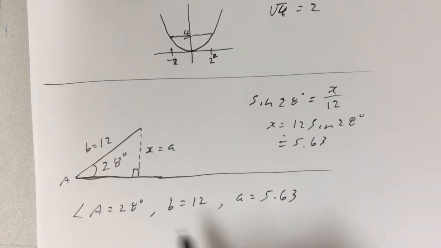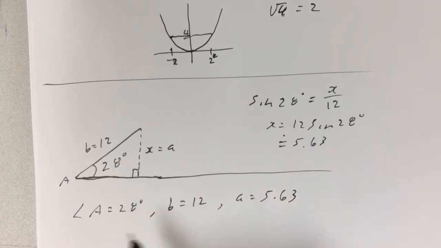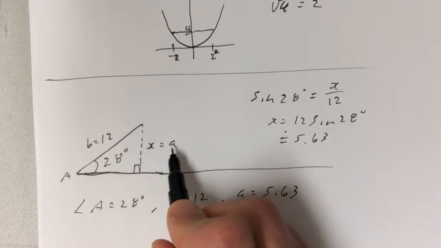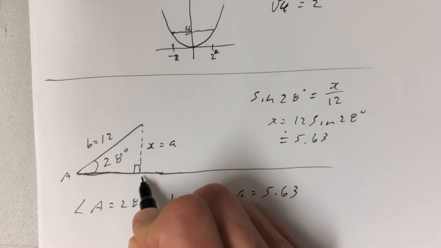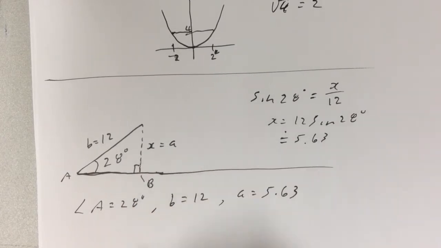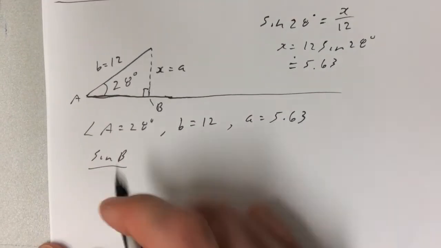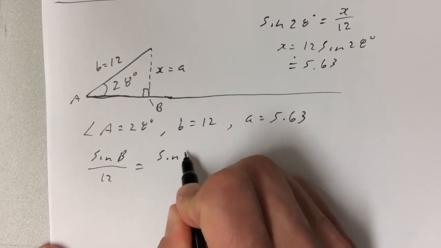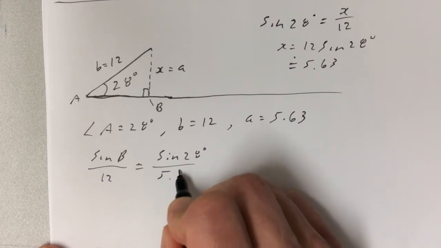You could solve this with the sine law, and you would get this angle equal to 90 degrees. So how would you solve that with the sine law? You want to find this angle here, so this angle would be angle B. So sine of B over 12 equals sine of 28 over 5.63.